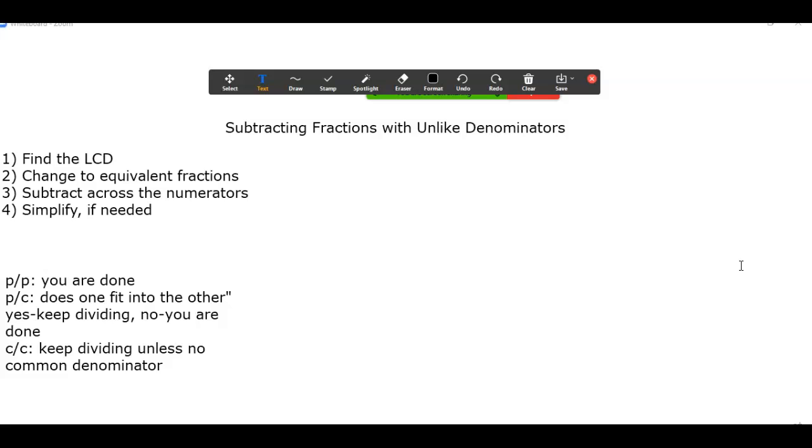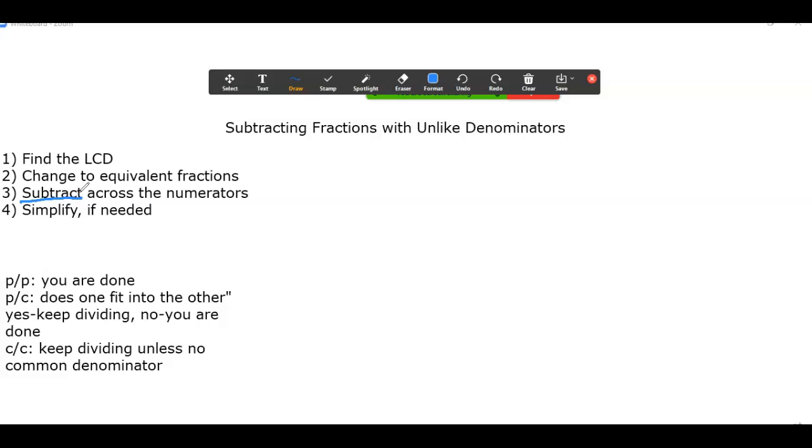There is only one thing that's different between yesterday's notes and today's notes. And that is one word. Subtract. Okay? So everything we did yesterday is exactly the same that we're going to do today, except for instead of adding, we're going to subtract.